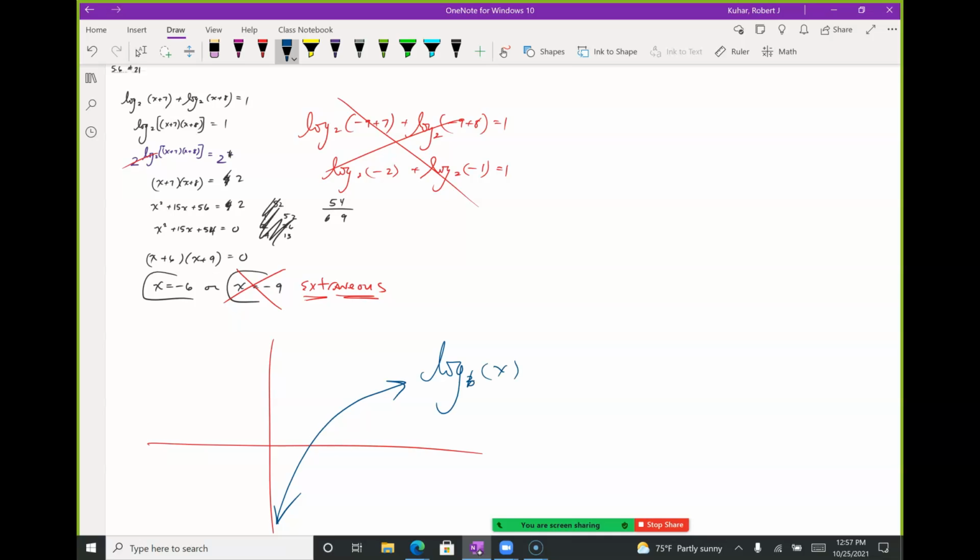In my particular case, I have log base 2 of x plus 7. That means I'm moving this thing 7 to the left, right? And in that particular case, I can see that I can put anything bigger than negative 7 in. So the negative 9 fails.